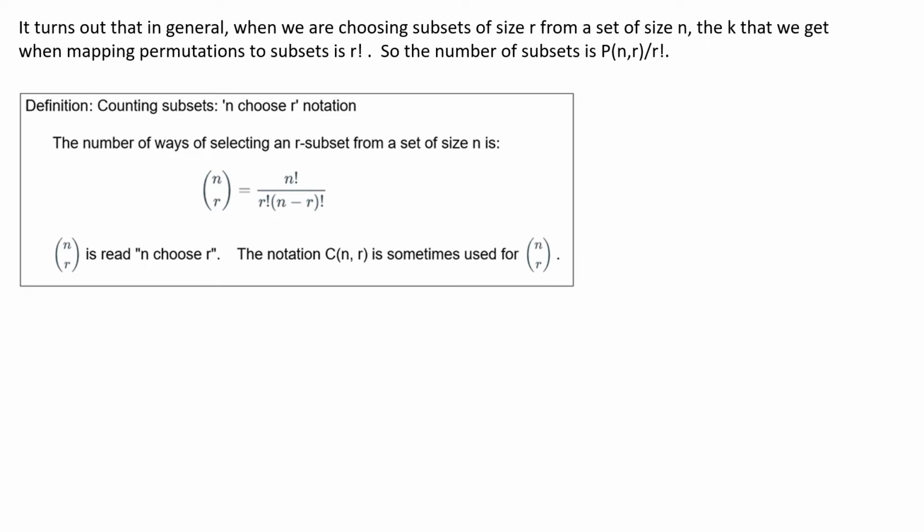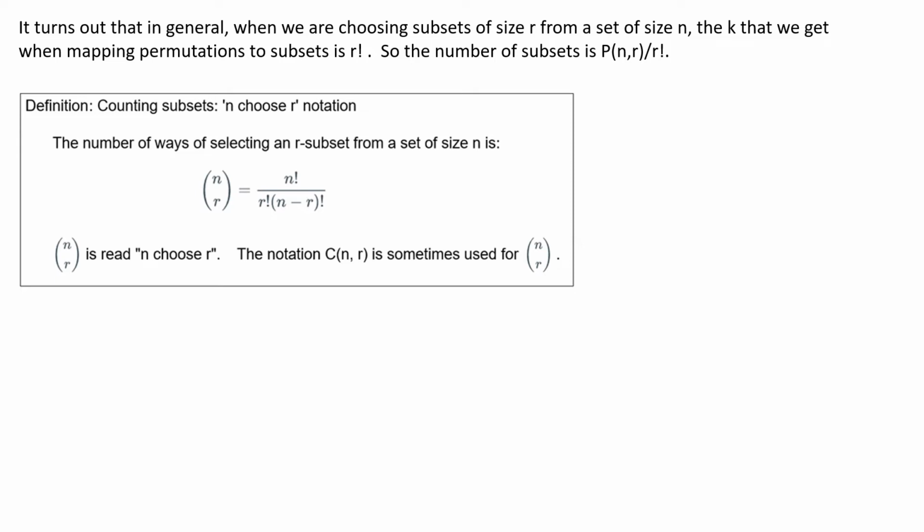It turns out that K is always going to be R factorial. Remember, R in our last example was 3, and we did see that K ended up being 3 factorial. So anyway, the K ends up being this R factorial.